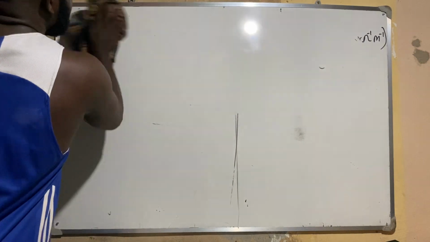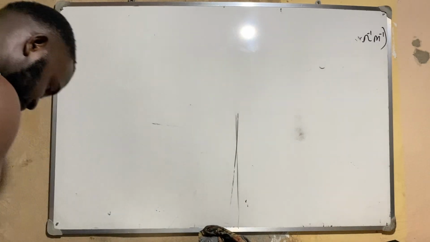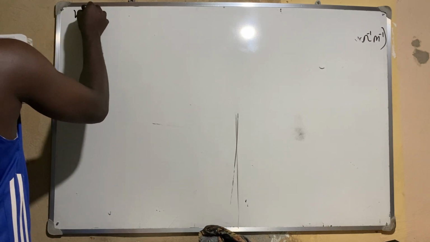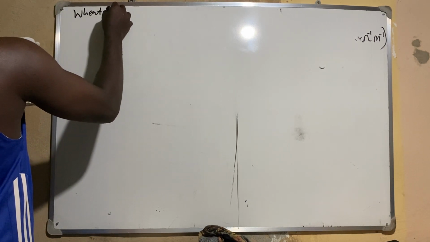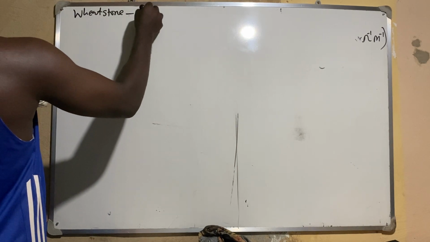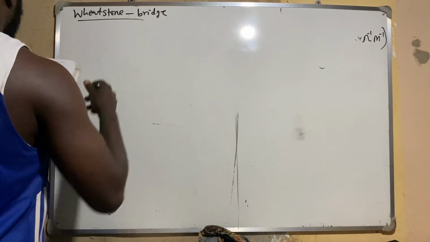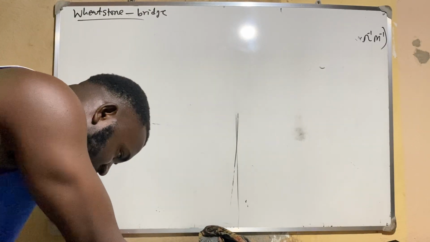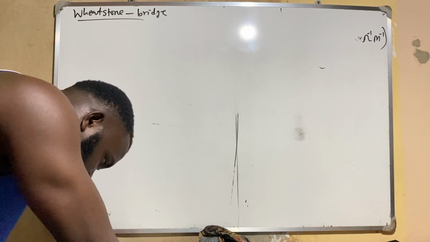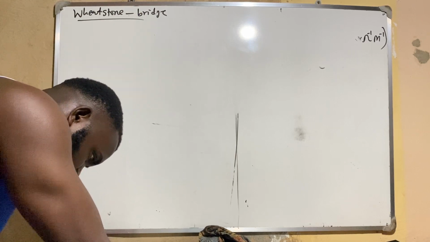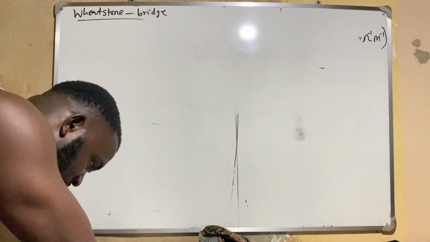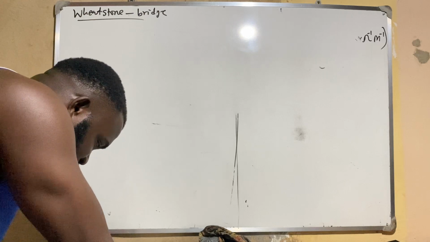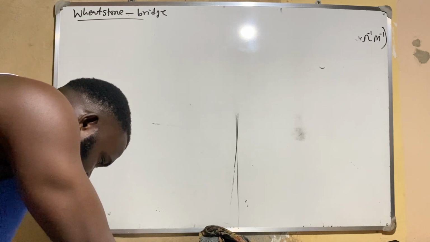So the next one, number 2 way of measuring resistance, is the Wheatstone bridge method. The Wheatstone bridge is an instrument used to obtain an accurate value of resistance. This consists of 4 resistors of resistance R1, R2, R3 and R4 connected side by side together, forming a closed circuit.